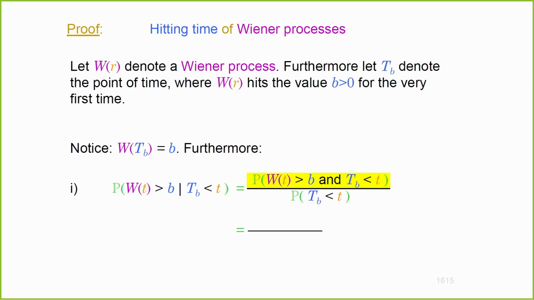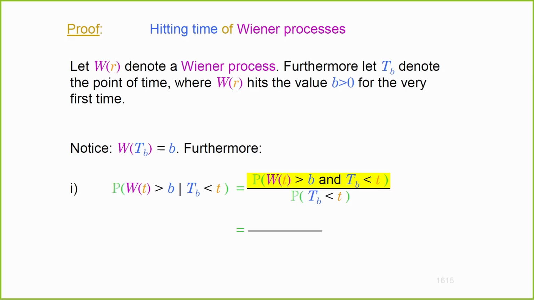If the process is already greater than b, then it has hit that value b to which the hitting time is referring. So that must be prior, right? If it's already greater than a certain value, it must have hit that value at a previous point of time already.